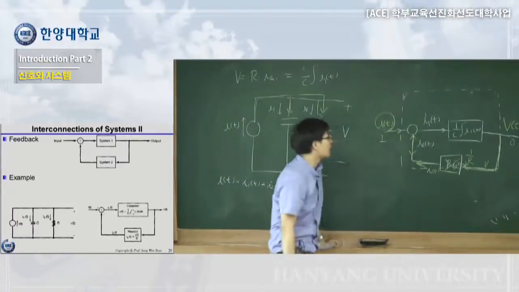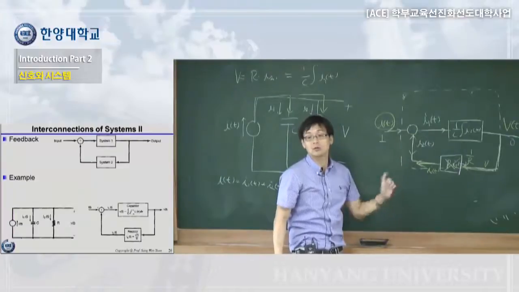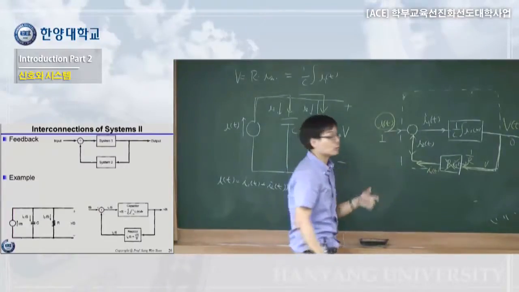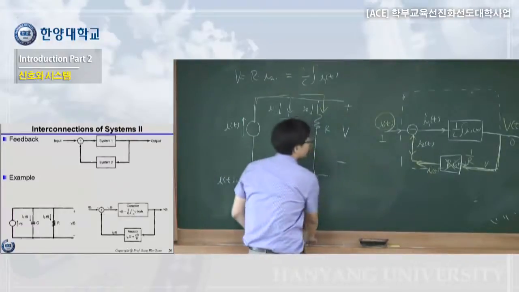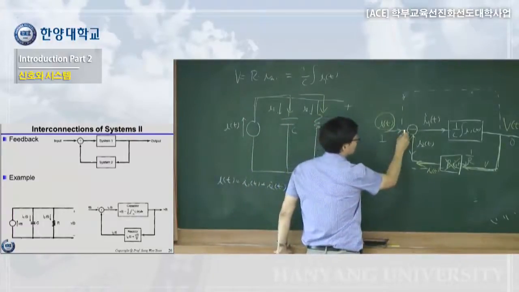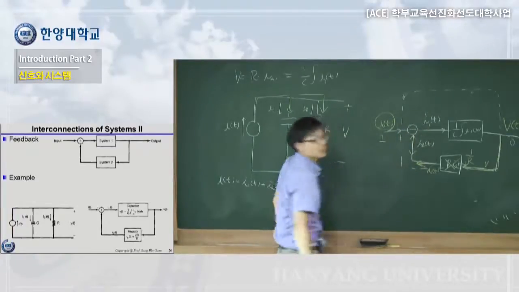Note this I is this plus this, but they have different direction. So to adjust the direction, what do we need? We need a minus. Because in here, this relationship is I1 minus this would be here.